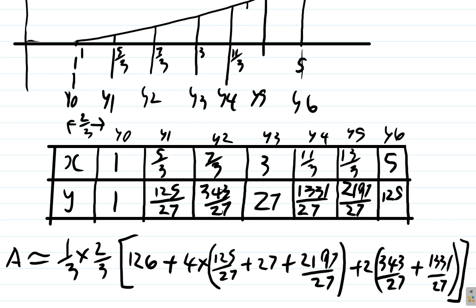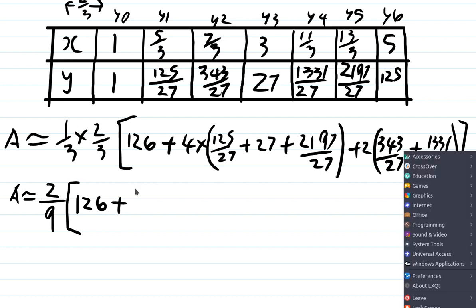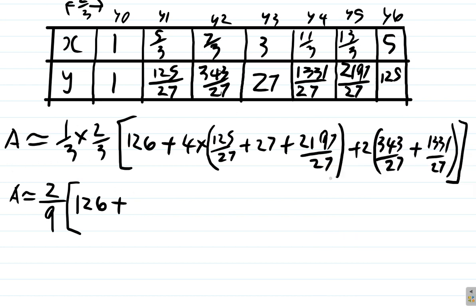Alright, so here what we have is that the area is approximately equal to 2/3 times 1/3, that's 2/9, times 126 plus... Now, let's work these things out and see what we get.